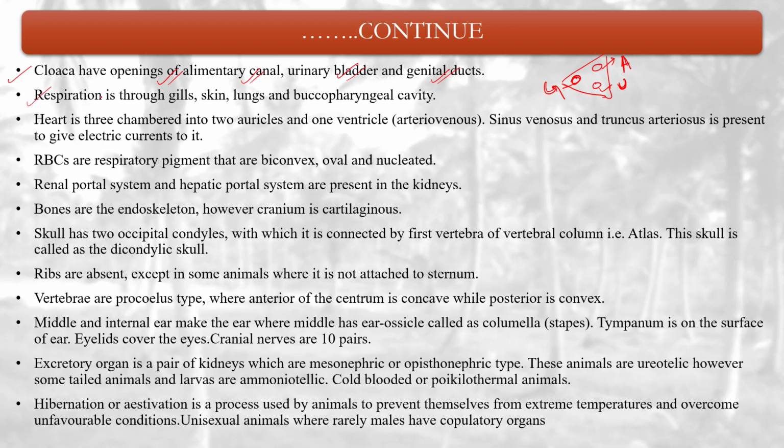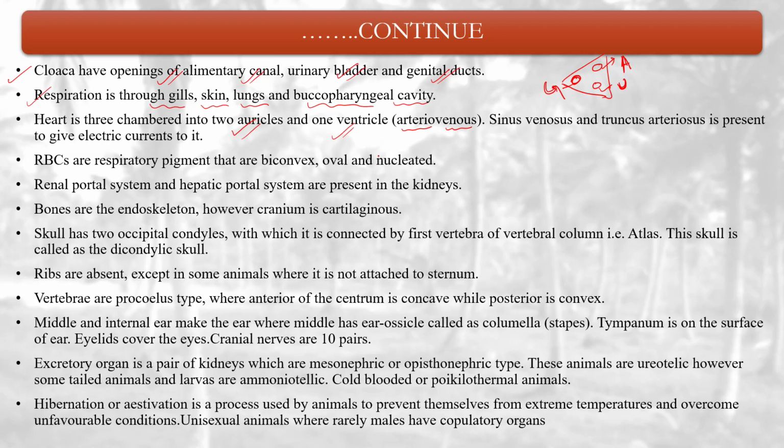Right? Respiration is through gills, skin, lungs, and buccopharyngeal cavity. Respiration may be through gills or skin, depending upon the situation, lungs, and buccopharyngeal cavity. Understood? Heart is three-chambered with two auricles and one ventricle, and this type of heart is known as what? Arteriovenous.